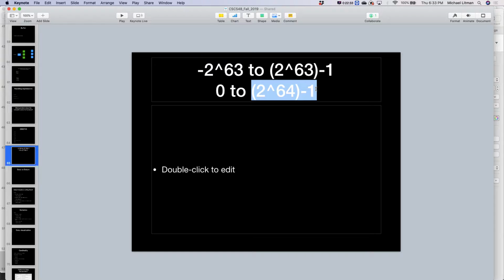I just have to decide if I want to account for negative values. I'm going to use 2's complement and give up distance on the positive to gain distance on the negative. Otherwise, I'll just keep everything positive and I get more positive values.